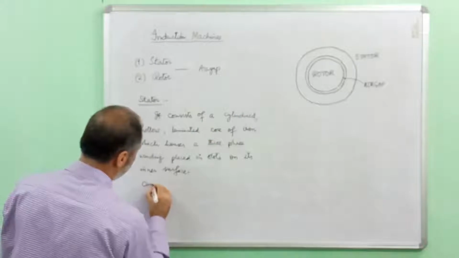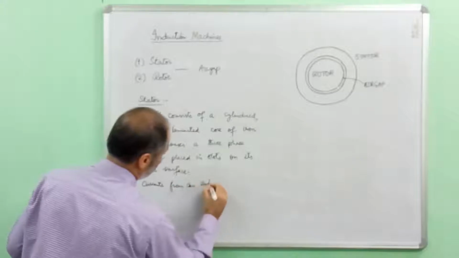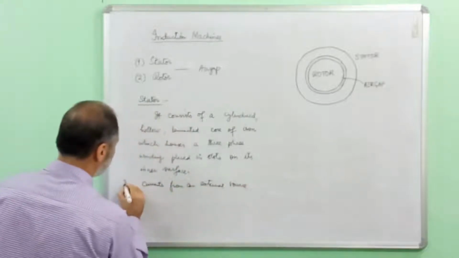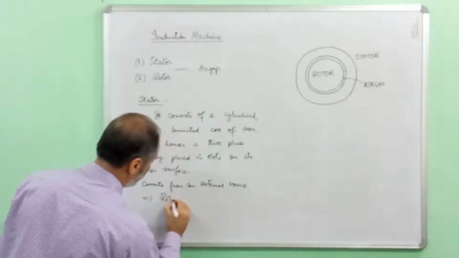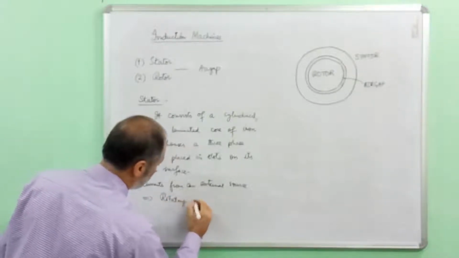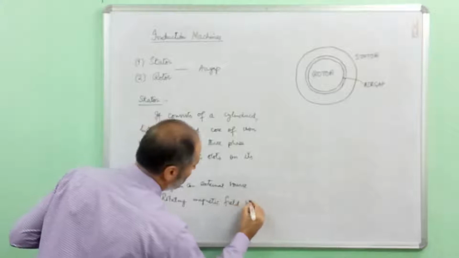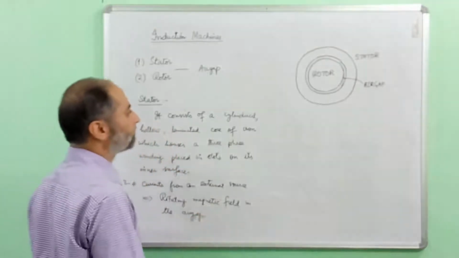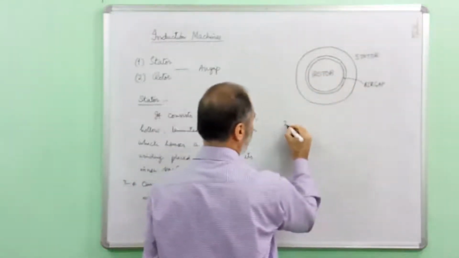These currents from an external source are three-phase currents, and they result in production of a rotating magnetic field in the air gap of the machine. Now, like the stator, the rotor also consists of an iron core.